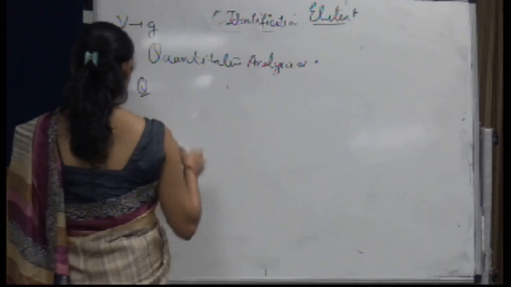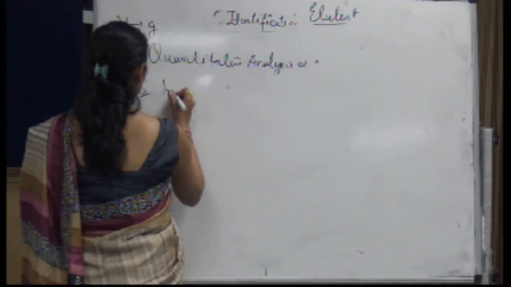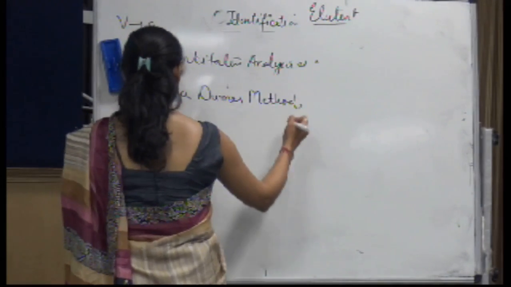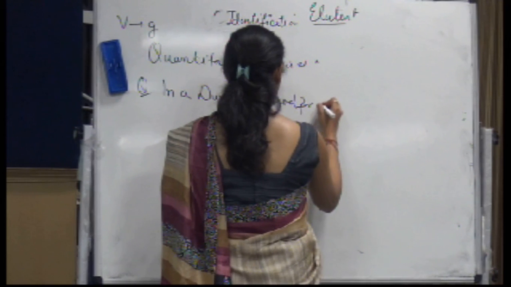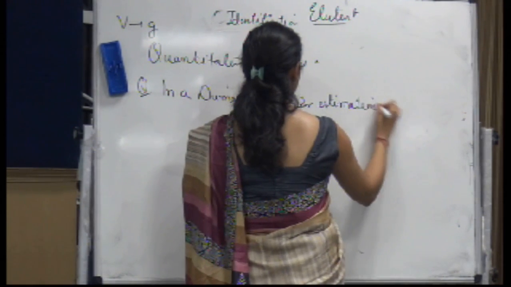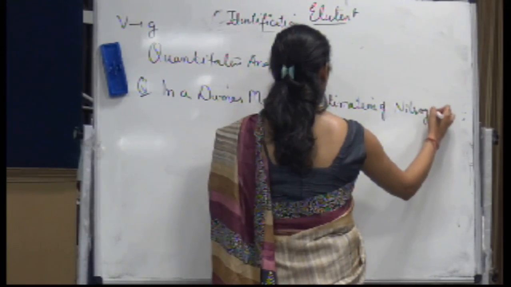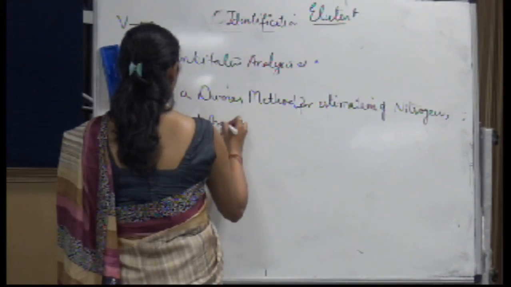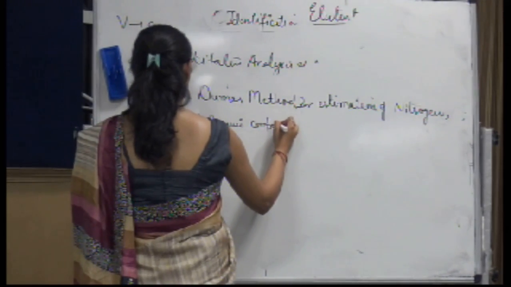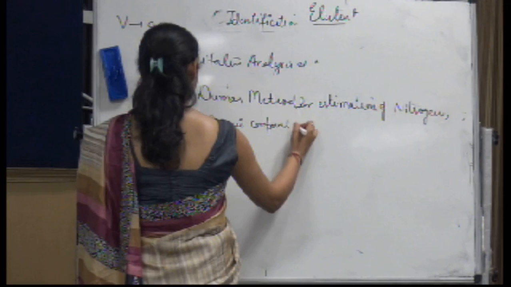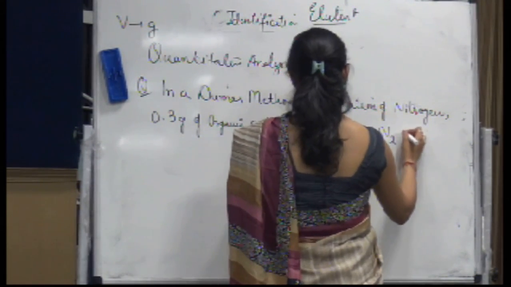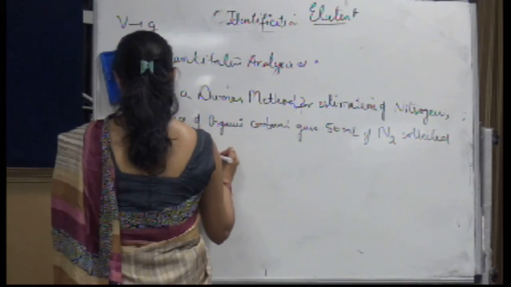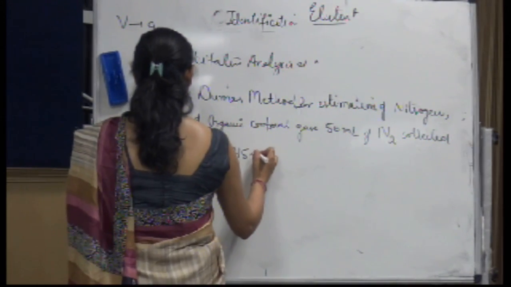Write down one question. In a Dumas method for estimation of nitrogen, 0.3 grams of organic compound gave 50 ml of nitrogen collected at 300 Kelvin and 715 mm pressure.